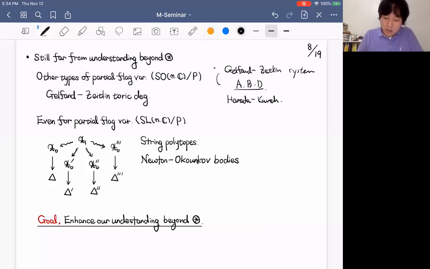But I don't care what happens at the boundary; I want to get the Lagrangian torus fibration. For this, you can apply Harada and Kaveh's general work. It means they have a toric degeneration, which comes from the toric variety at the center over a certain open body, with a good condition.